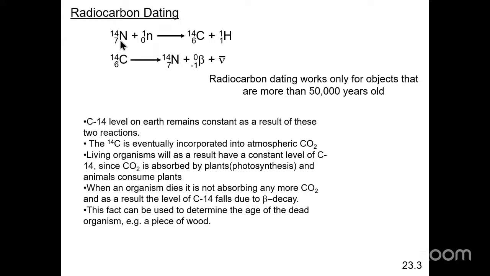Nitrogen-14 is bombarded by neutrons to form carbon-14 and a proton. At the same time, carbon-14 decays spontaneously to form nitrogen-14 and a positron. So you have this back and forth where carbon-14 is produced and then used up, and the carbon-14 level on Earth remains constant as a result of these two simultaneous reactions.